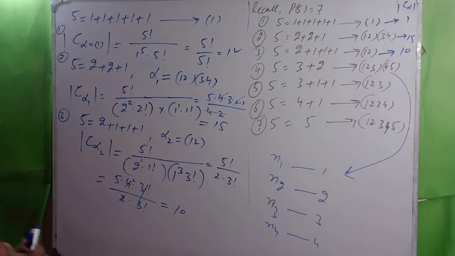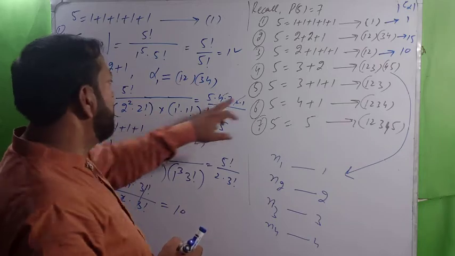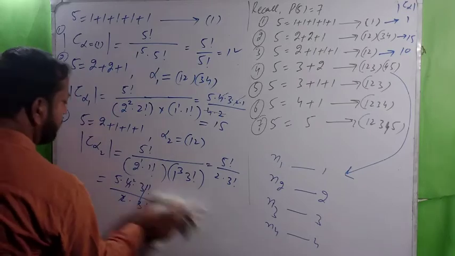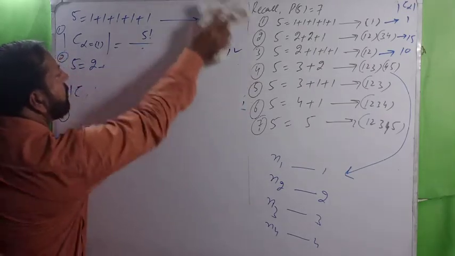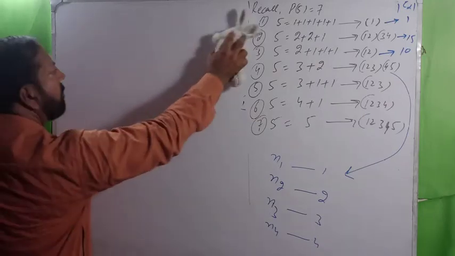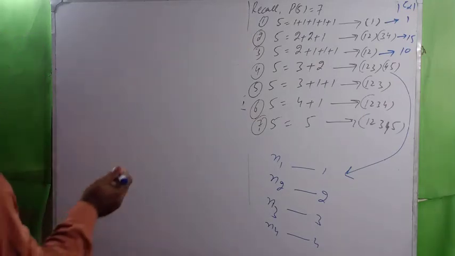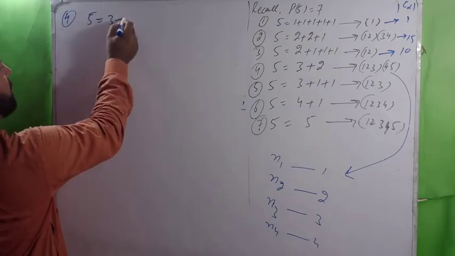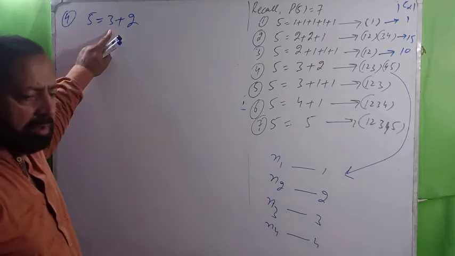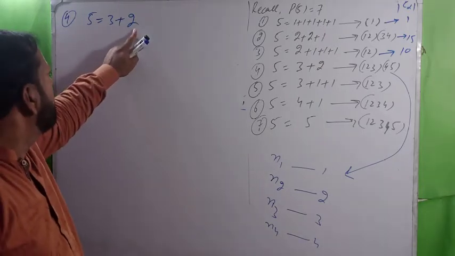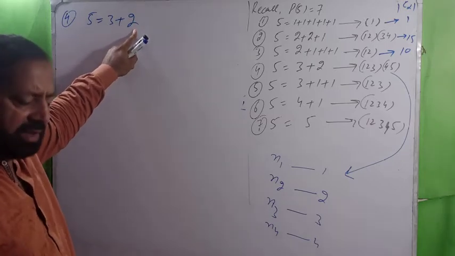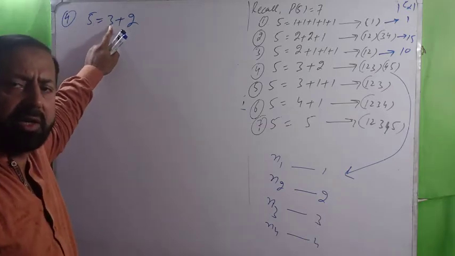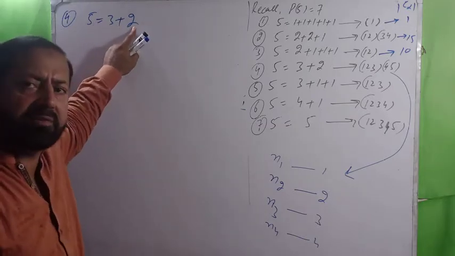Then for 4, 5 is equal to 3 plus 2. One part of size 3 and one part of size 2, so here k is 3 of size 1 and k is 2 of size 1, right?